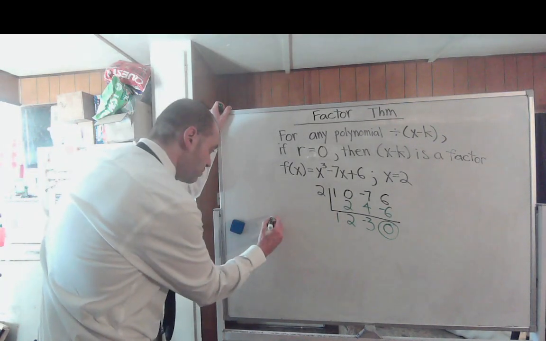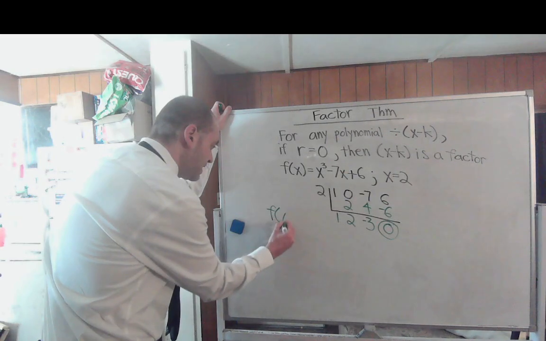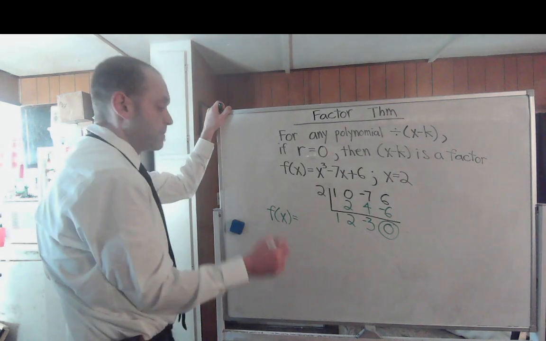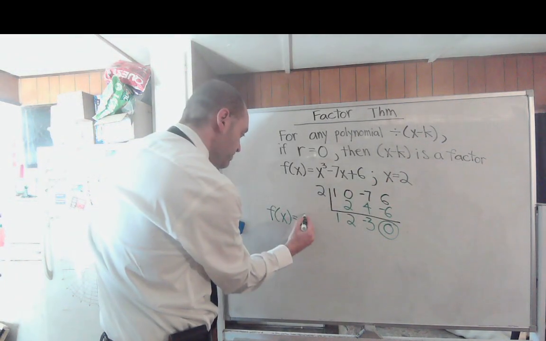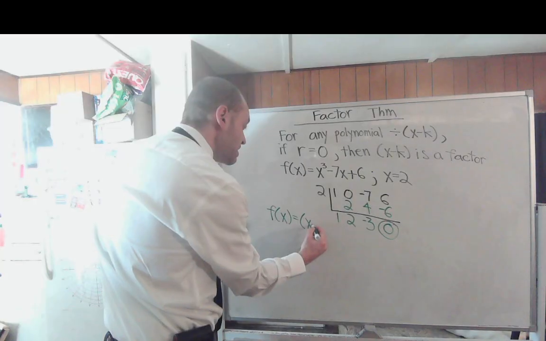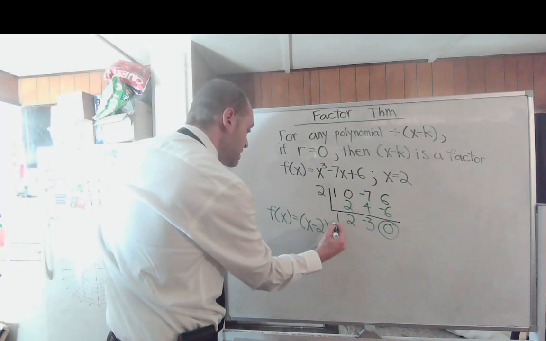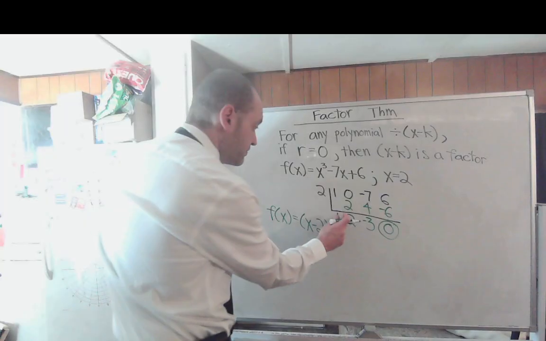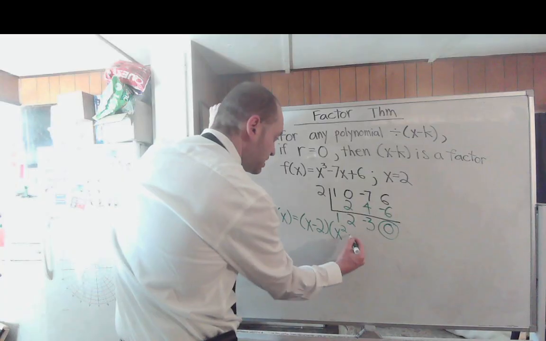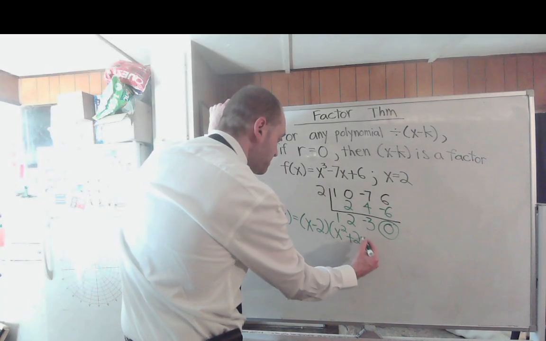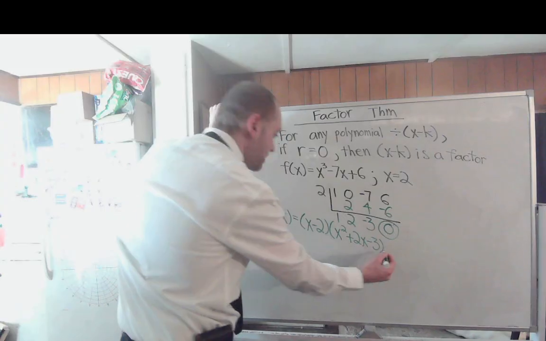So now we need to write this f of x in its factored form. So f of x, since we know x minus 2 is a factor, that's going to equal x minus 2 times the quantity x squared plus 2x minus 3.